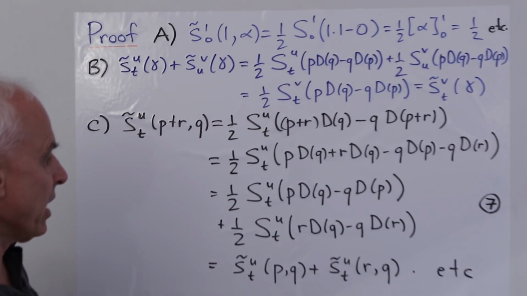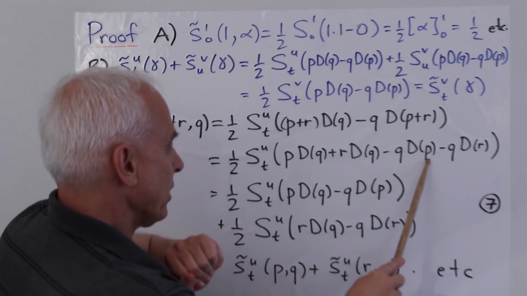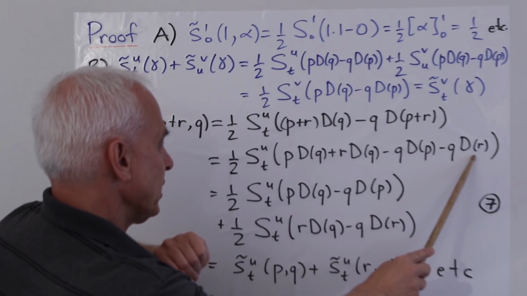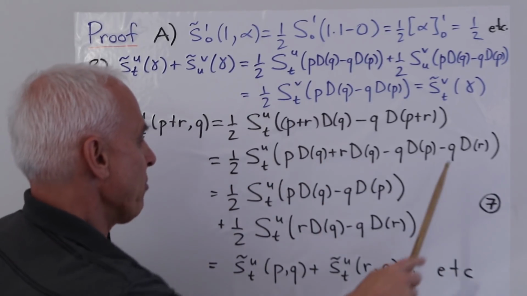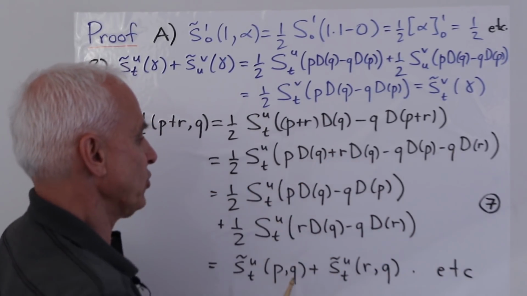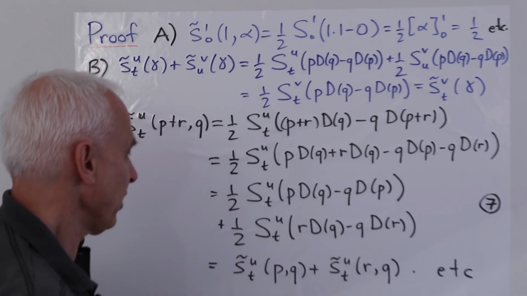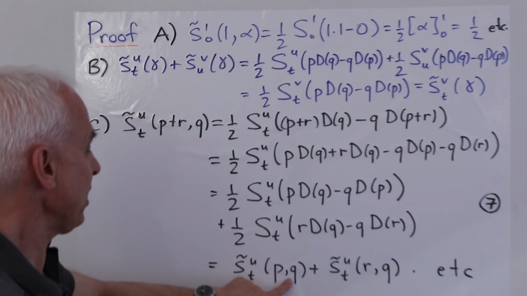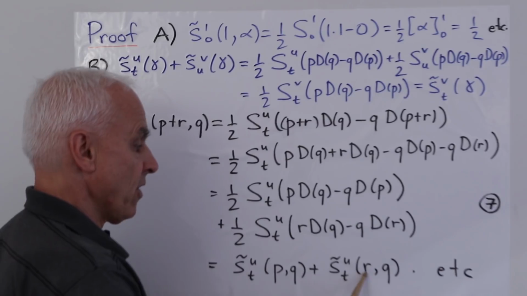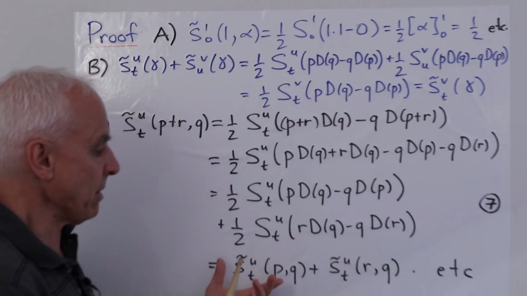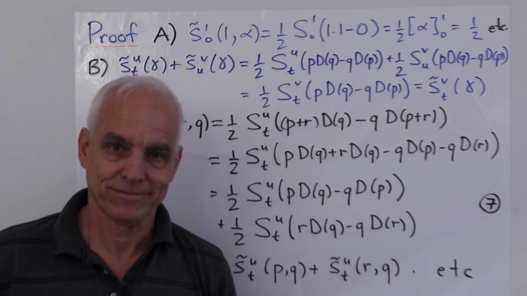And then we get a p dq minus q dp, plus the r dq minus q dr from those two terms, again with halves out front. And then we recognize that this thing here is what we call S tilde from t to u of pq, and this one here is S tilde from t to u of rq. So that establishes the linearity, one of the three linear properties, and the other ones are similar.